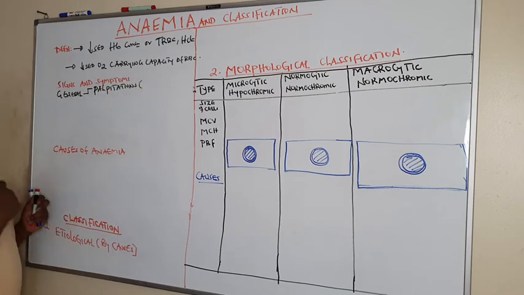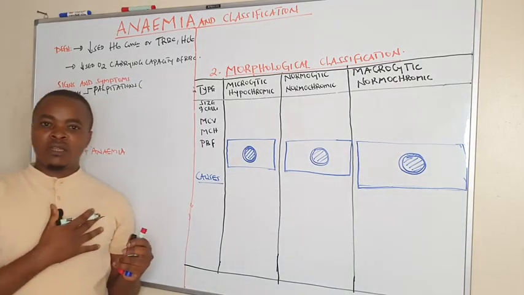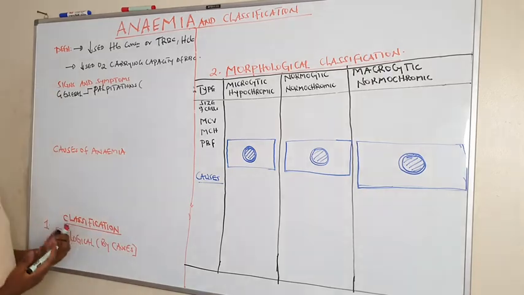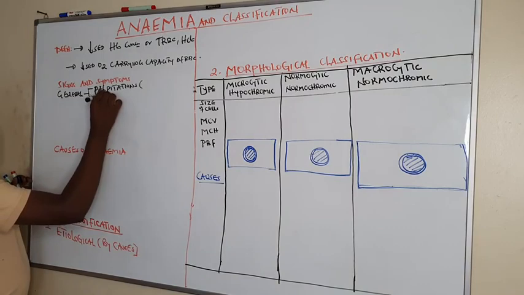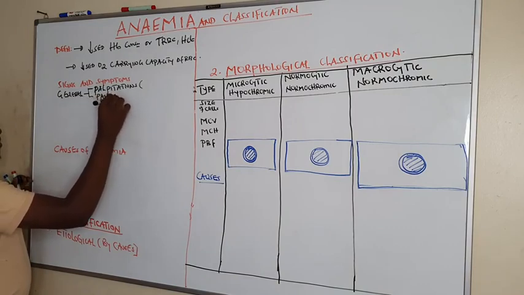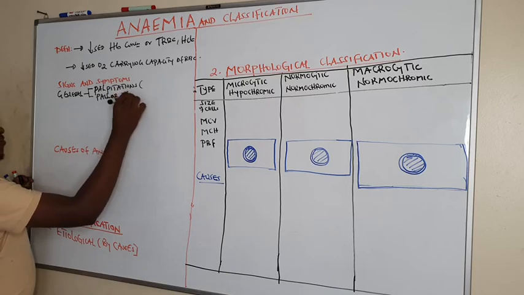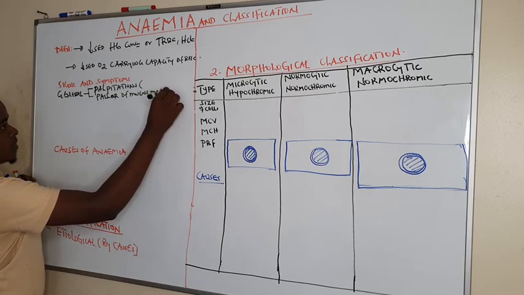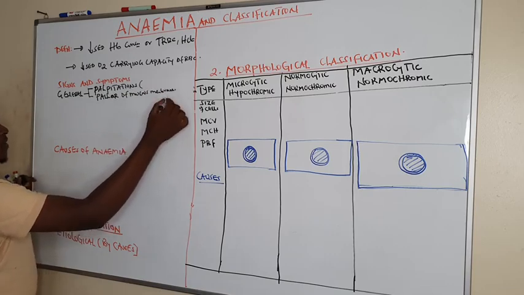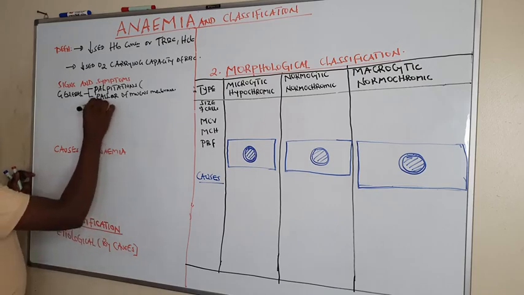Palpitation is hearing your heartbeat without touching the chest, but you hear the heartbeat. Then we are going to see paleness or pallor of the mucous membranes, like the eyes, the lips, and the skin can become paler.